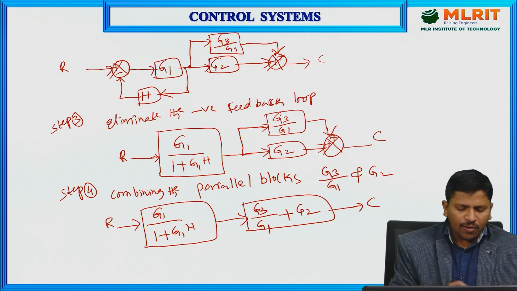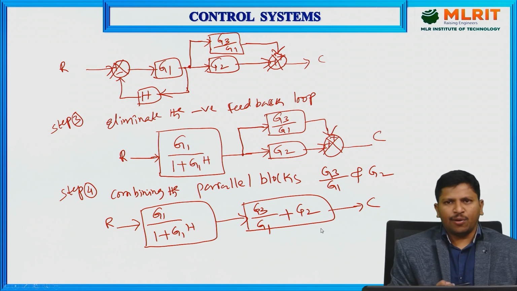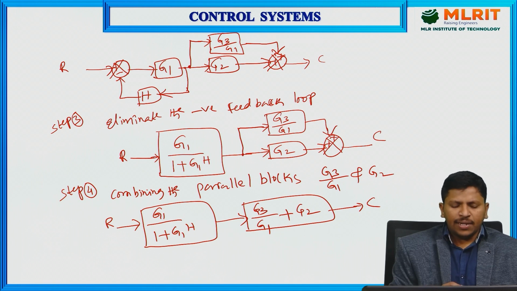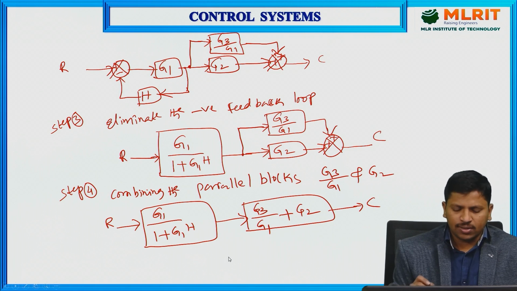Now again, observe these two are in cascade form, or series form. We have one more rule available. By eliminating the series blocks, we redraw them into a single block. Now I am going to use the next rule: eliminate the series blocks, or combine the series blocks or cascaded blocks, into a single block. Here observe G3 divided by G1 plus G2.